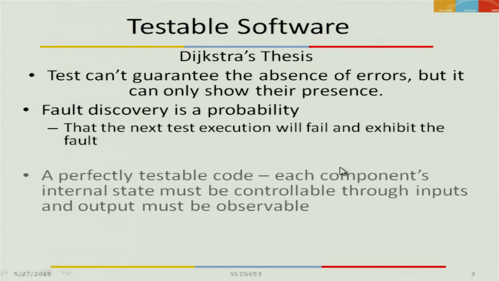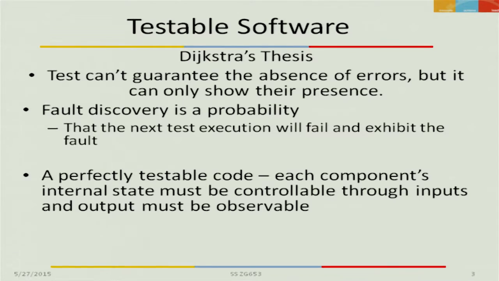That can never happen. Therefore, though we want a perfectly testable code, where each component's internal state is controllable through inputs and outputs must be observable, that is a scenario that's impossible to achieve. But if it can be achieved, then it becomes a perfectly testable code.